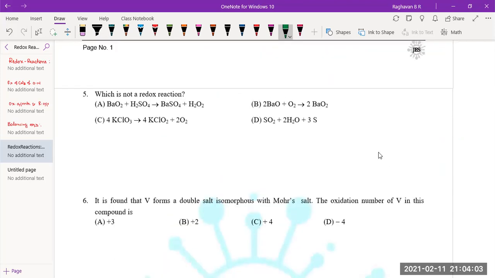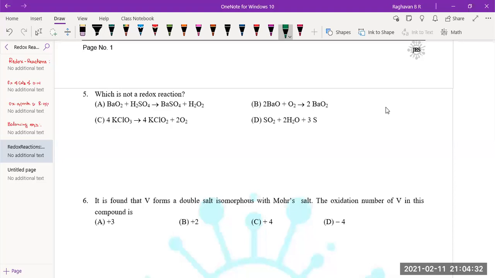Which is not a redox reaction? Means, how do you easily find which is not a redox reaction? Oxidation numbers of reactants and products should be same. Should not either decrease or increase of any element. If one element has a decrease in oxidation number, there should be another element where oxidation number is increasing because it is complementary.